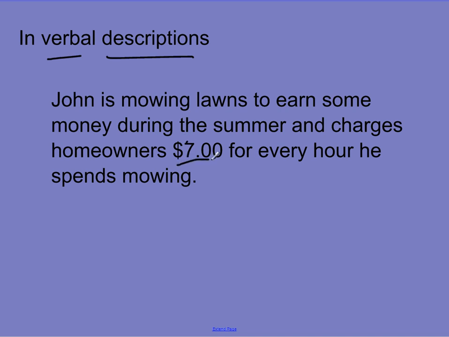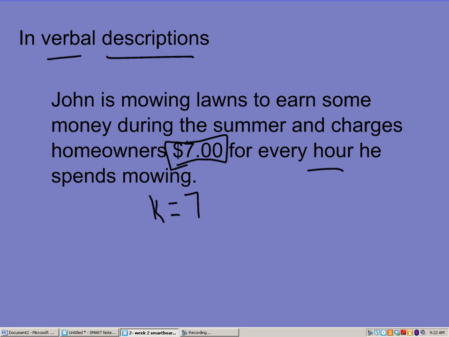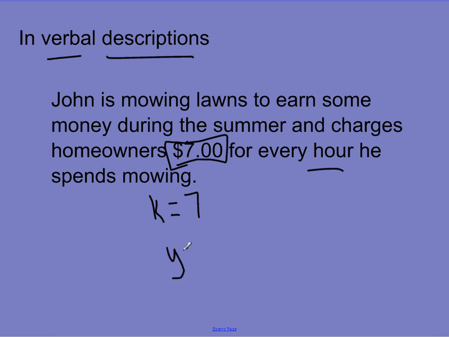Here, he charges $7 for every single hour he mows. So your constant of proportionality, your k, is simply 7. Once again, for this one, we can write an equation once we know it's a proportional relationship. Once we find our constant of proportionality, our equation is simply y equals 7x. And we're done.